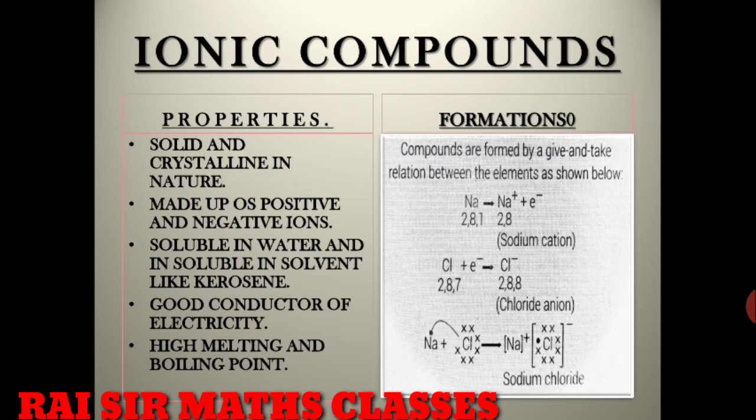So you can be clear that ionic compounds are formed by the give and take of electrons. So what are their properties? We have to write the answer: ionic compounds are solid in nature and crystalline, made up of positive and negative ions. You have seen here we have Na with a positive charge and chlorine with a negative charge.